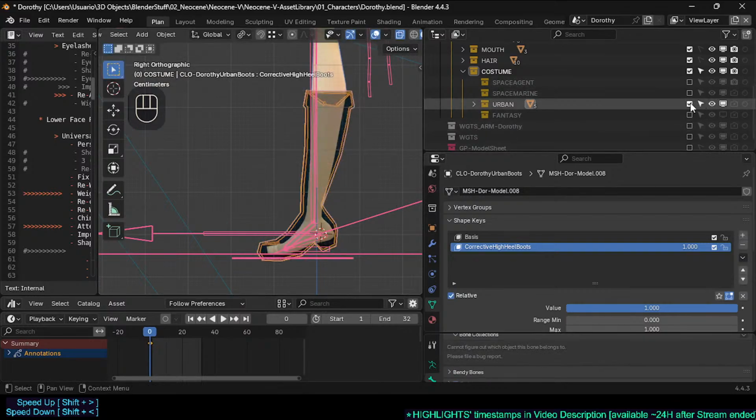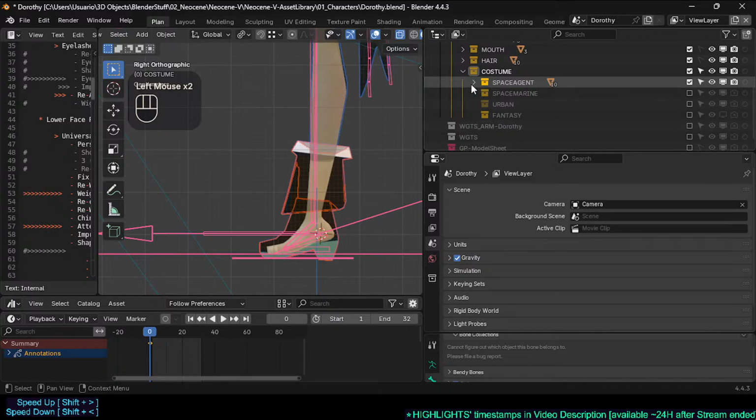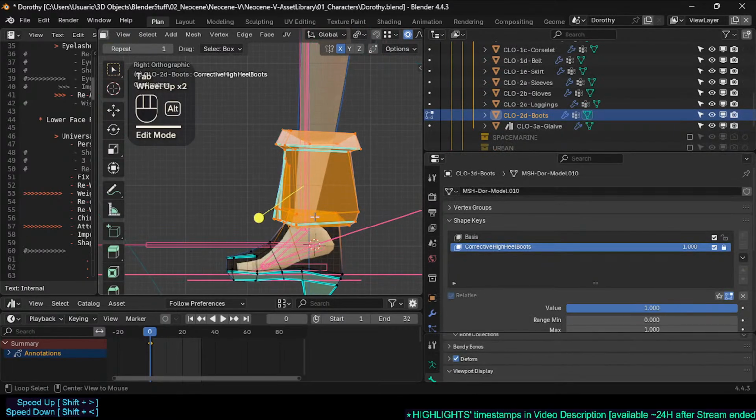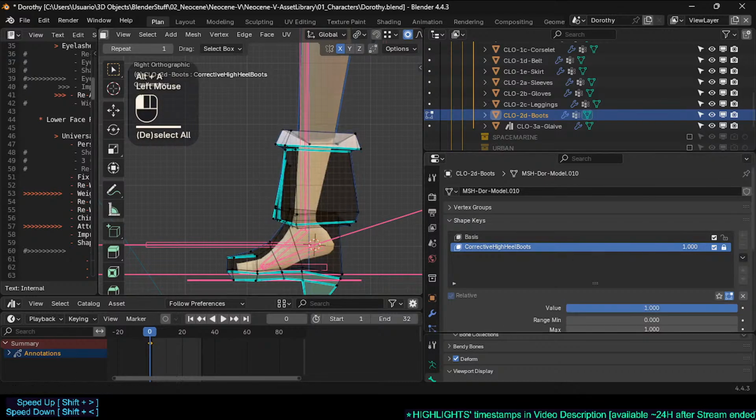I think I did verify. So sorry about the confusion here, but this is a tricky method, right? So here the corrective, yeah, you see it leverages the shape key. Actually it does the inverse, right? It negatively leverages everything.